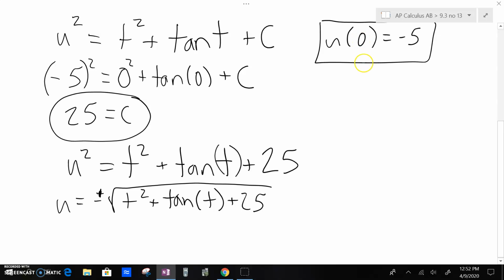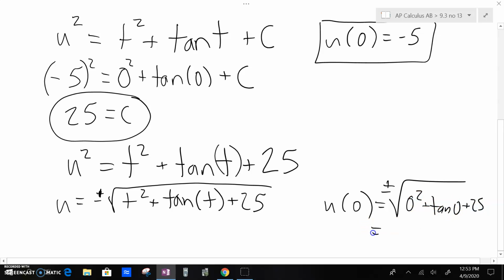As a for instance, if we plug in 0 and ask, what is u of 0? I get 0 squared plus tan of 0 plus 25. So then I get plus minus the square root of 25, and I get plus or minus 5. But based on the initial condition they gave us, it's not plus or minus, it's -5.